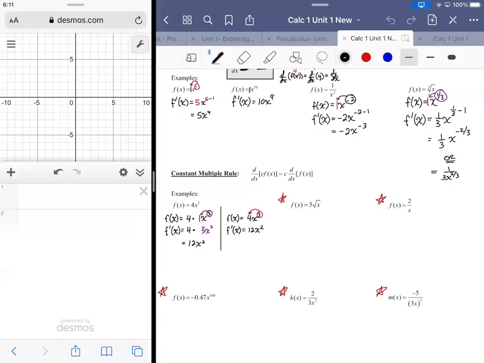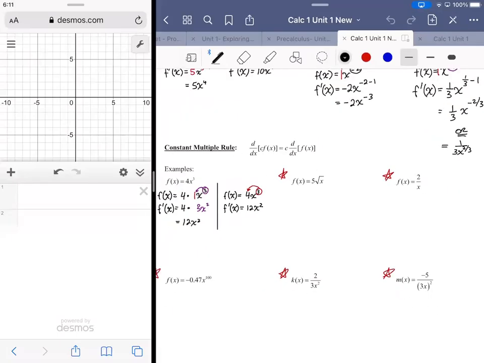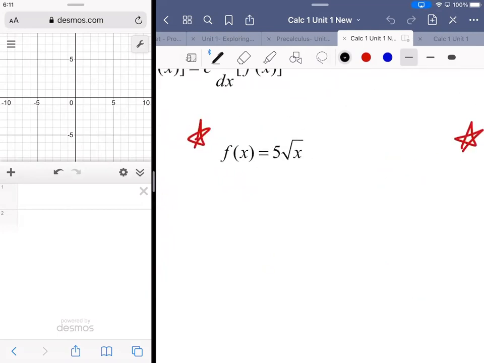So all of the remaining problems, well, almost all of them, are hidden power rule questions. They're sort of disguised. If I look at, for example, this question right here, 5 radical x, it's really the same as saying 5x to the 1/2.